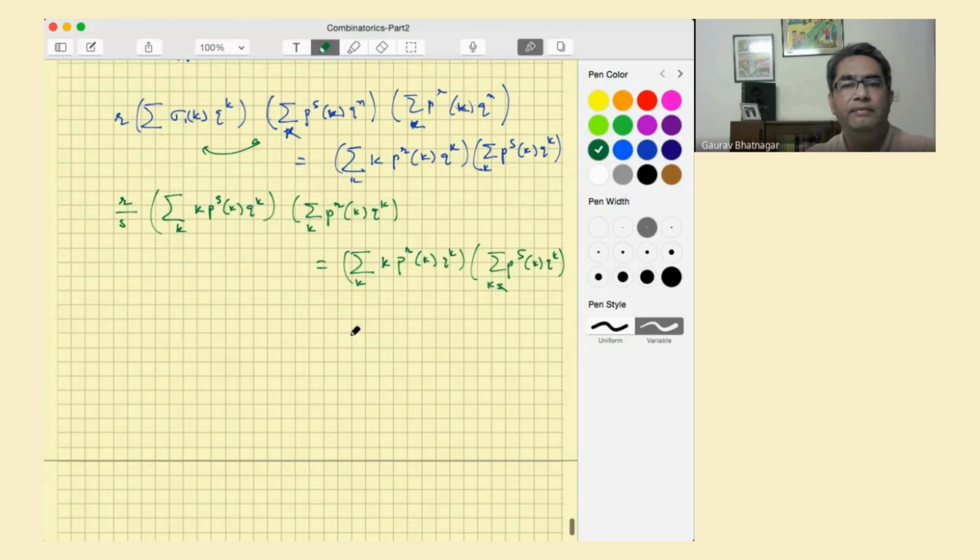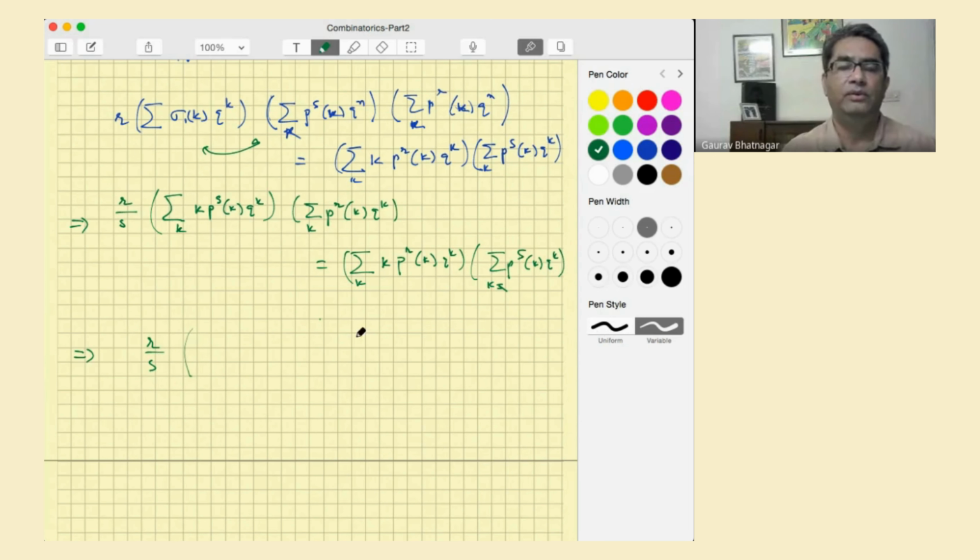So what's the deal? What have we done? If you notice, we have k times PS here and k times PR here, and we interchange the R and S in some sense. So some kind of interchange has happened, and then we have R over S.